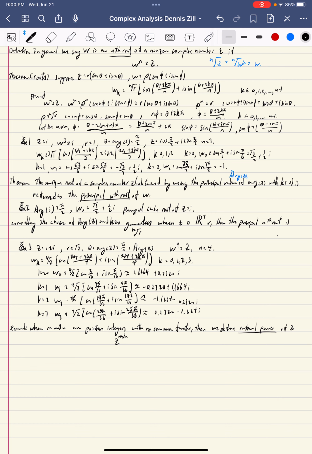Well, that's equal to, this is really simple, z to the m power, to the 1 over n. There, right? And now let's do one of the exercises, extension.